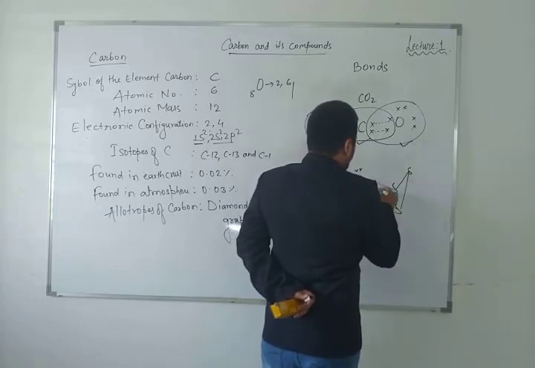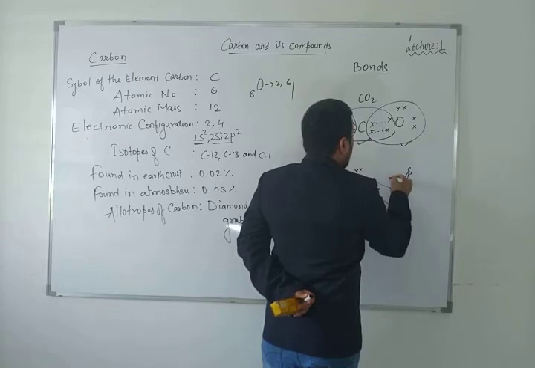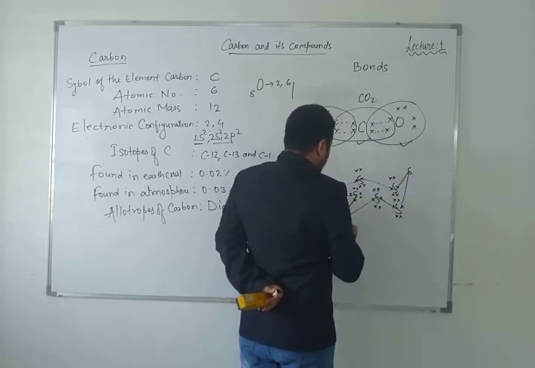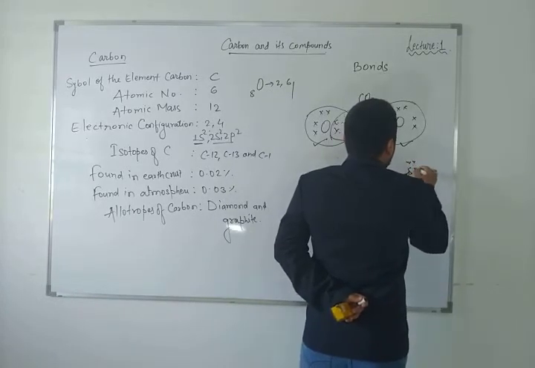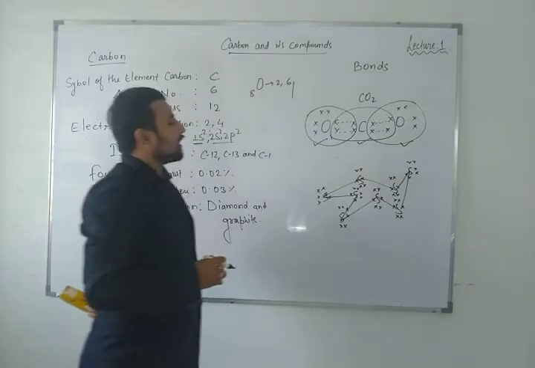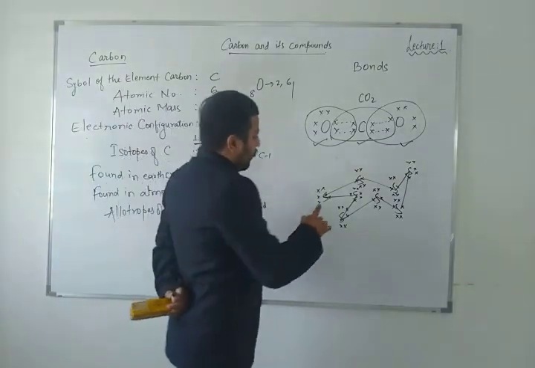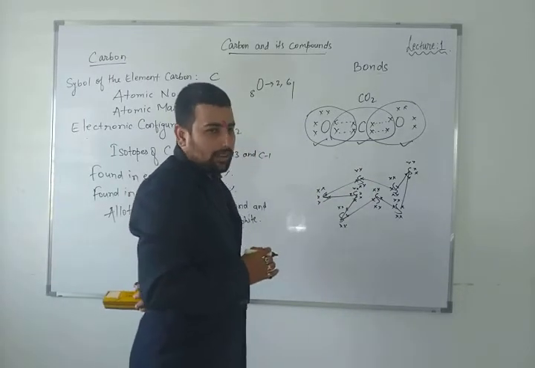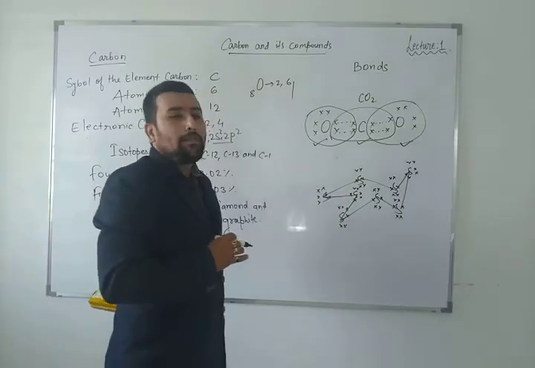See, all the sulfur atoms have completed their octet. You can draw this reclining chair very easily, as I have just drawn and shown: all the sulfur atoms are sharing 1 electron each with 2 sulfur atoms and completing their octet.